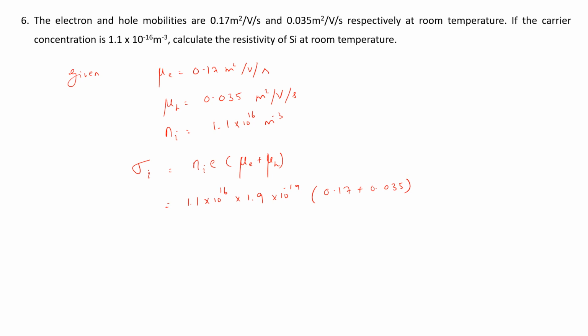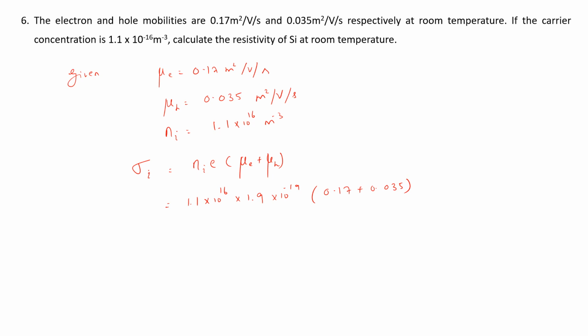So let us start with the terms given in the bracket. 0.17 plus 0.035, 0.205 multiplied by 1.6 into 10 power minus 19 into 1.1 into 10 power 16.